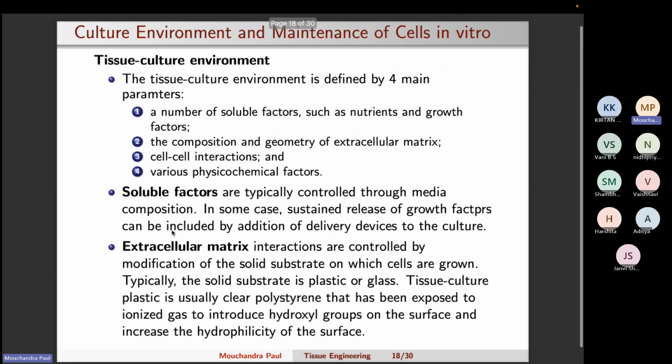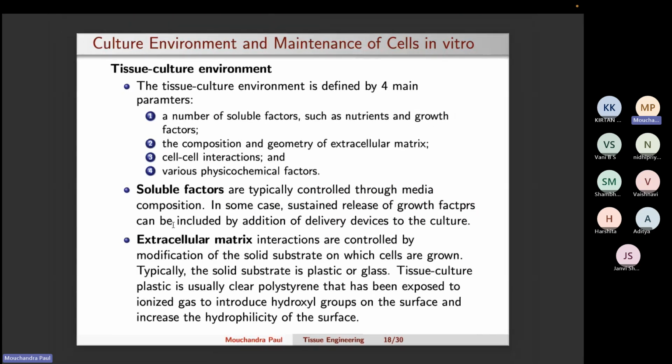Now let's see all the parameters that I just said need to be defined for a tissue culture environment. The four parameters: the soluble factors, the ECM geometry and composition, cell-cell interaction, and the physicochemical factors. Soluble factors means the signaling molecules, the growth factors, etc. They are brought into the culture through the media.